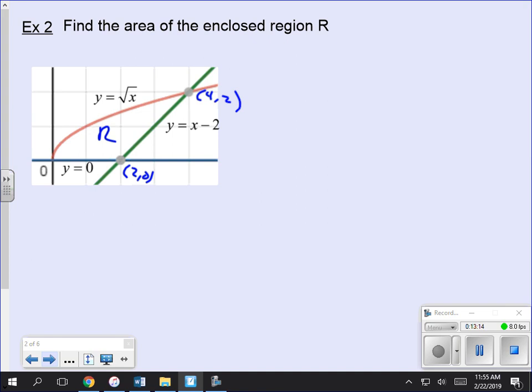Or you can take things away. So one of the ways to do this is to find the area of this whole thing and then subtract from it this. And that'll give me the part I'm looking for, right?